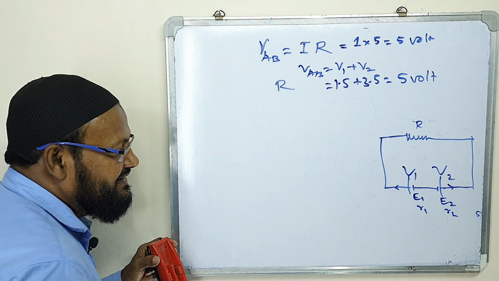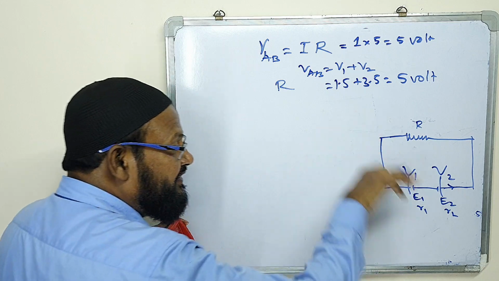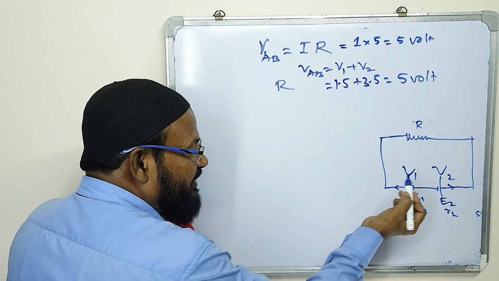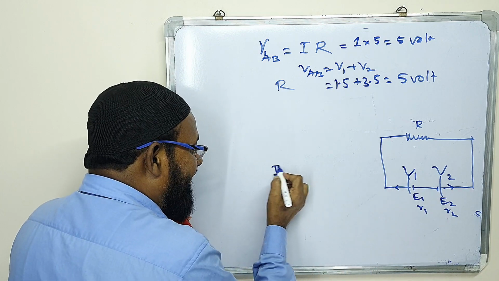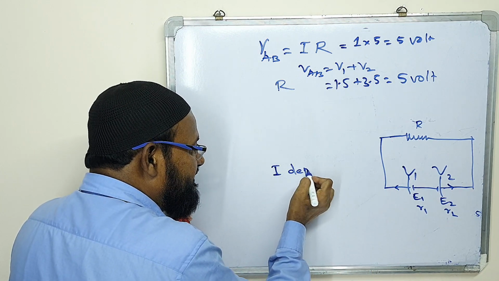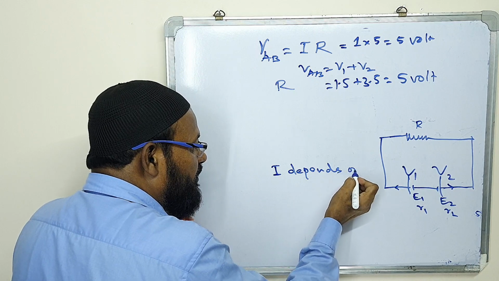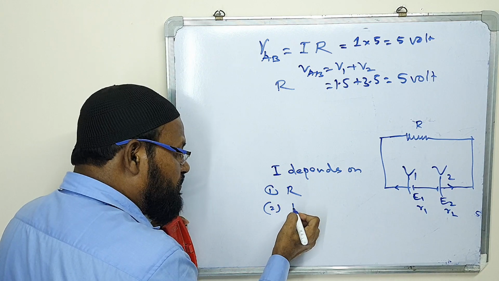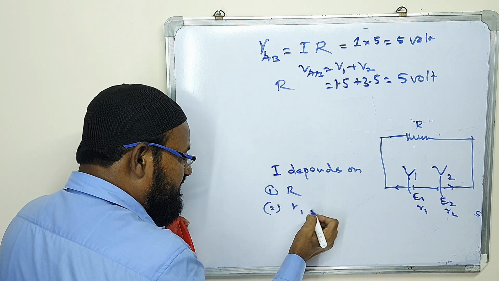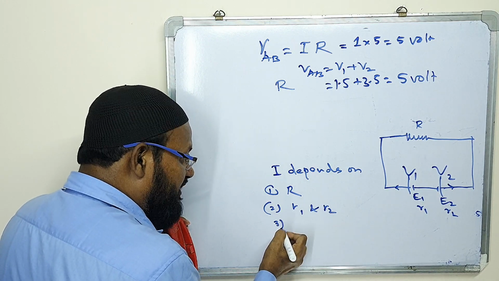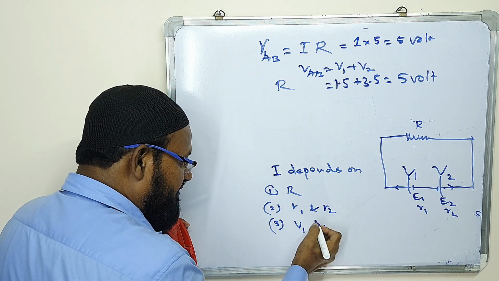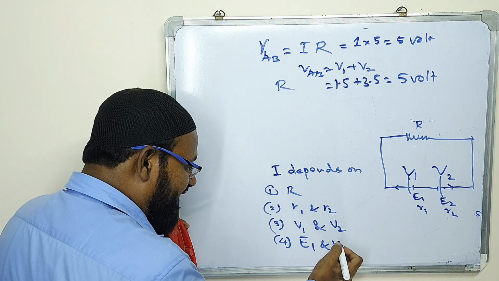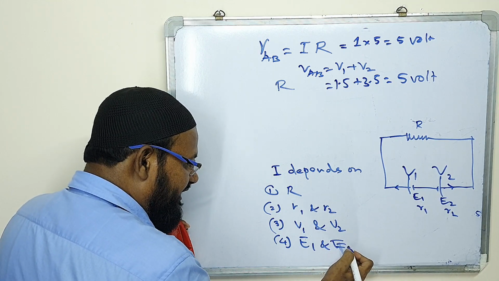In this case, which will be the direction of the main current? There will be a single direction. That direction depends on direction I. In this case, I depends on number one, sir, R. Number two, R1 and R2, number 3 V1 and V2, and number 4 E1 and E2.